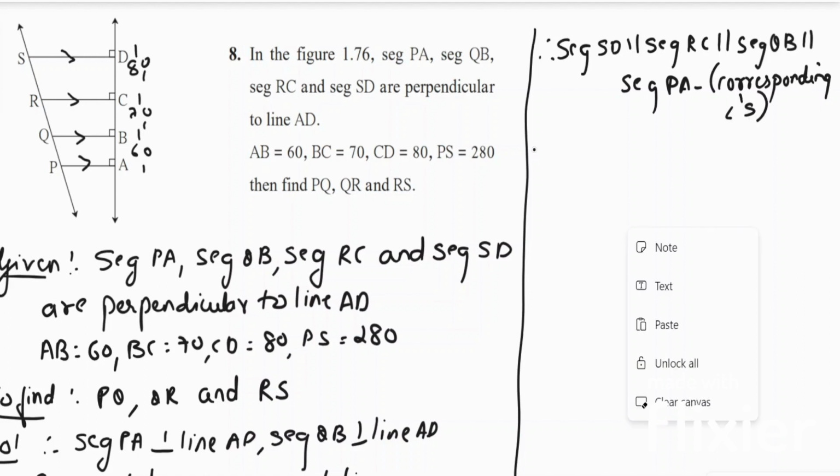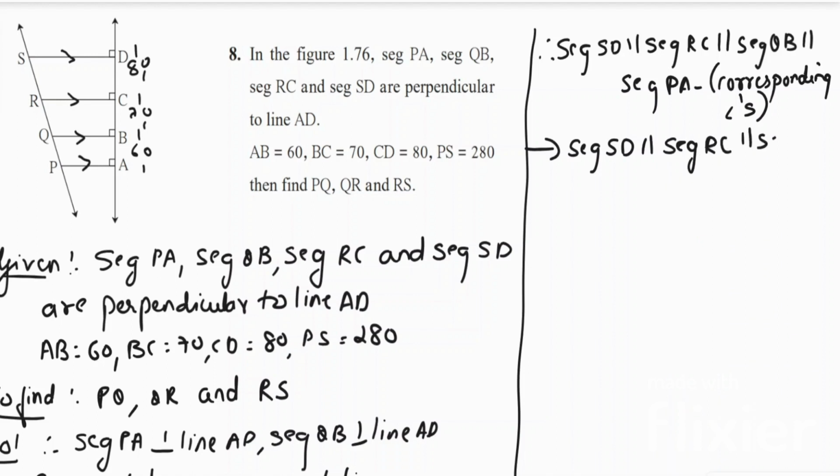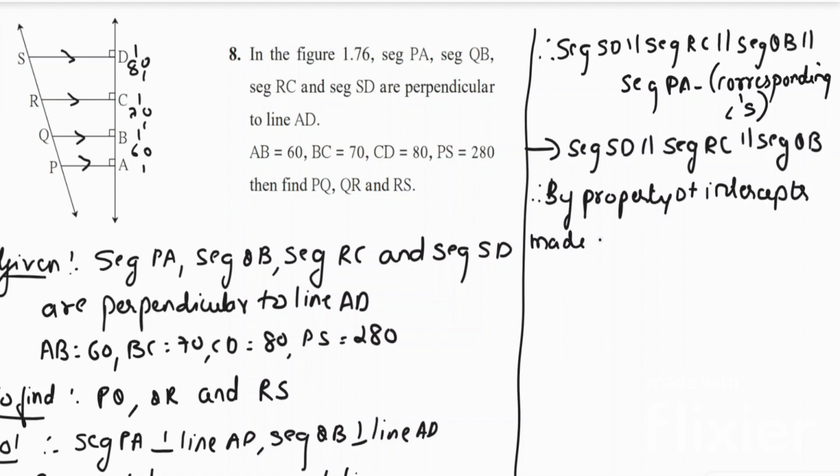Okay. Now first we'll move on with the first three sides. That means seg SD is parallel to seg RC is parallel to seg QB. Right. If all the three sides are parallel, then by property of intercepts made by three parallel lines, what we will get?